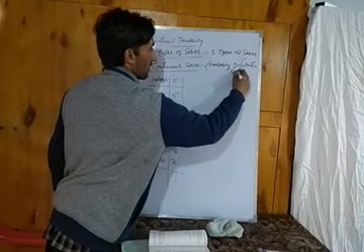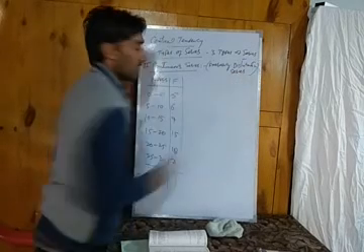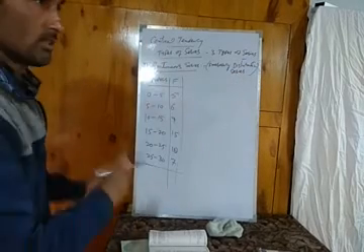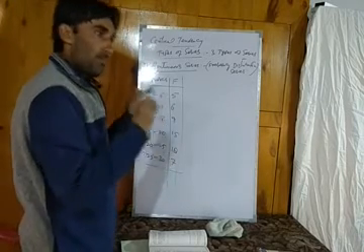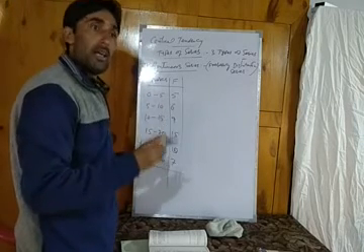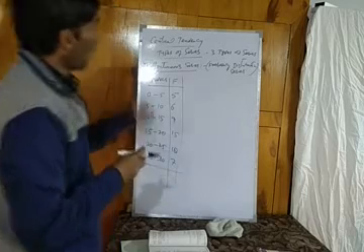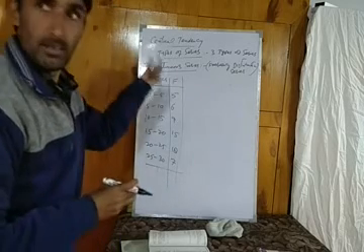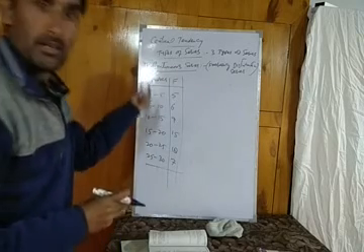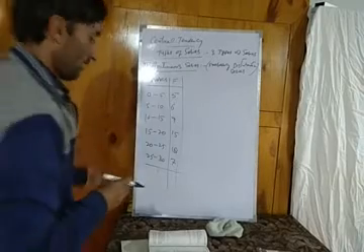Frequency distribution series. Thus, these are three types of series a student must first recognize. Before calculating the mean, he or she must know what type of series this is. Is it individual series? Is it continuous series? Or is it discrete series?